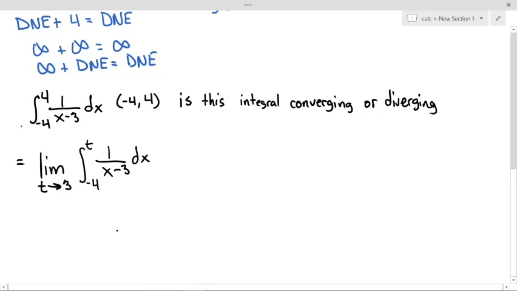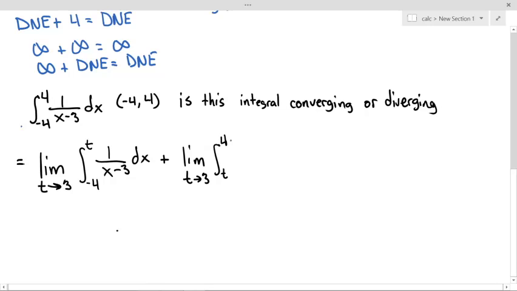And if you remember, the t is supposed to be the discontinuity of this function, because if we plug in 3 into the function 1 over x minus 3, you get a 0 in the denominator, which makes this a discontinuous function. So this will be a limit as t goes to 3, from where we left off, which is at t.